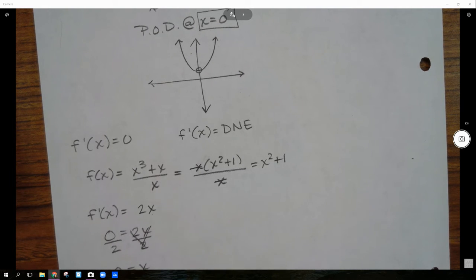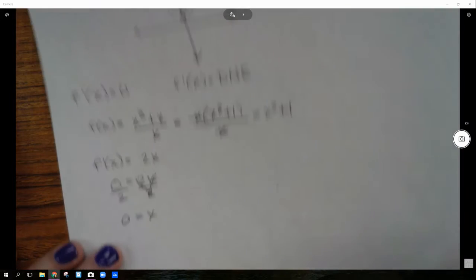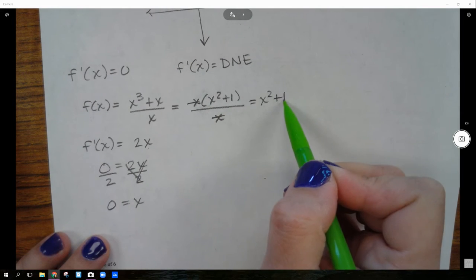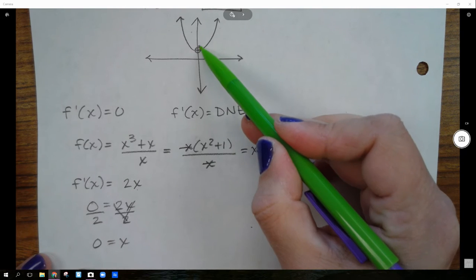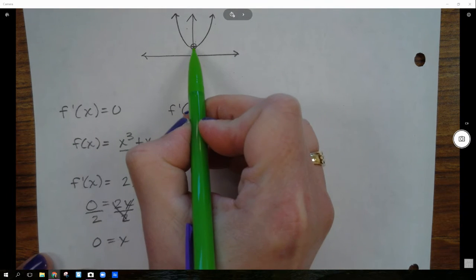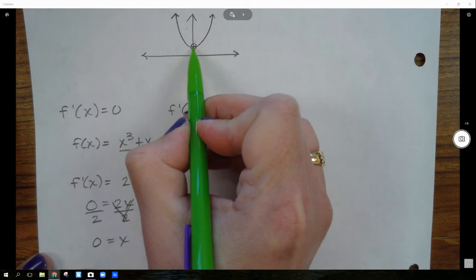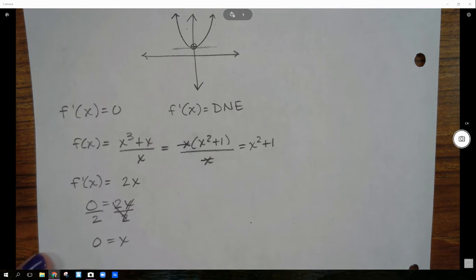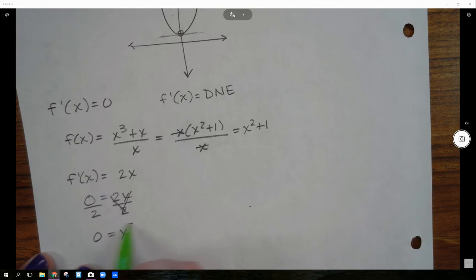So x equals 0. Now, if we truly just had a parabola that didn't have a point of discontinuity, x equals 0 would be a spot where the derivative would equal 0, because this would be the vertex and it would be this nice, flat tangent line. So that's why we're coming up with x equals 0 again.